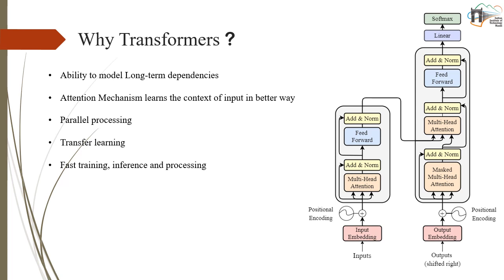Self-attention basically allows each position in the input sequence to attend to all other positions, enabling the model to learn the context and relationships of different elements more effectively. This ability to capture long-term dependencies is crucial in various applications, including natural language processing, time series forecasting, and image recognition, which makes transformers a very good choice for these kinds of problems.